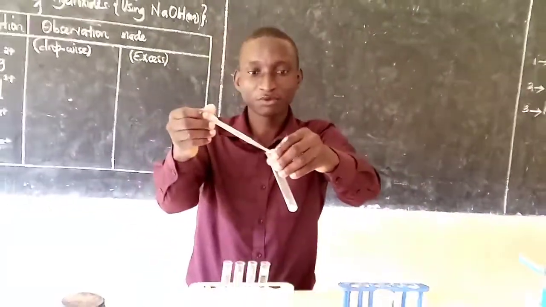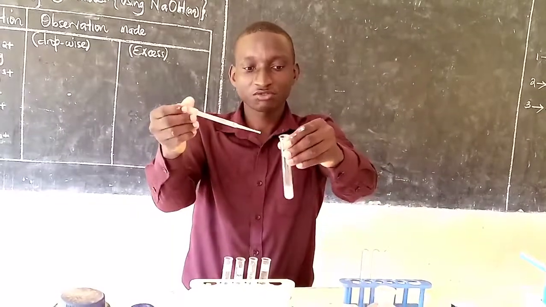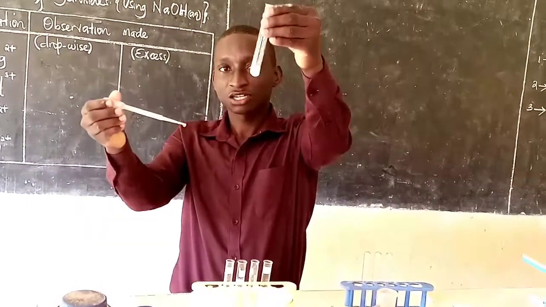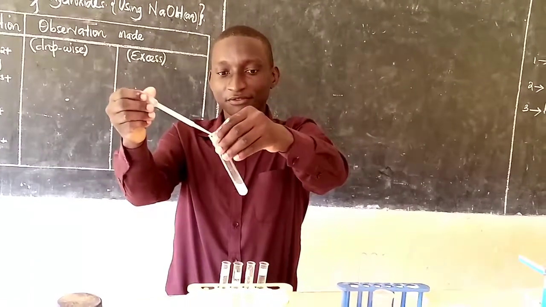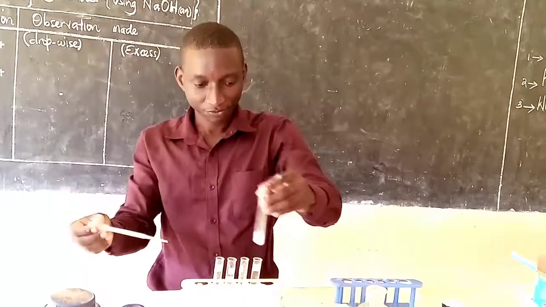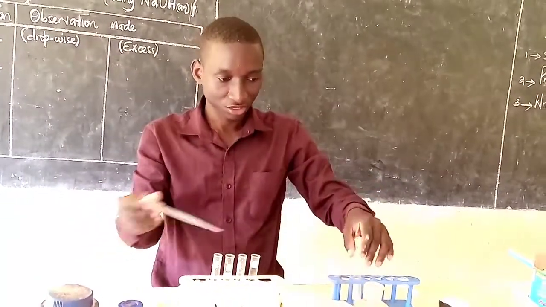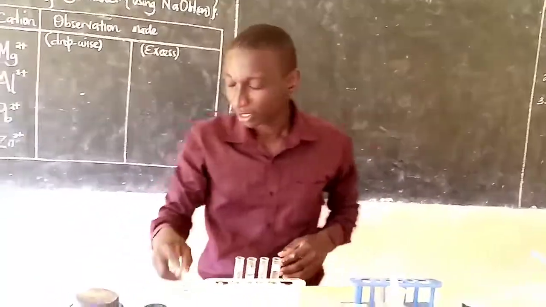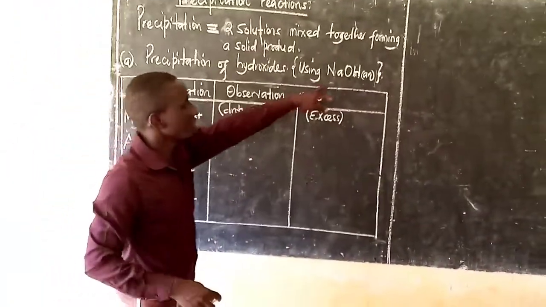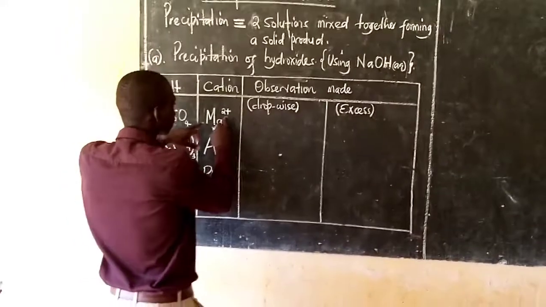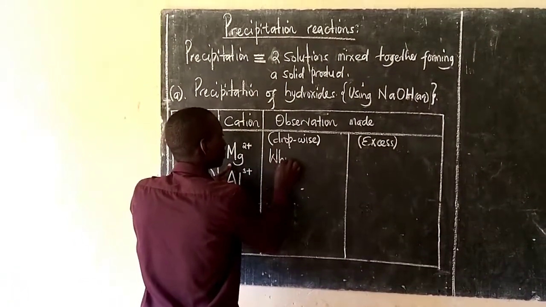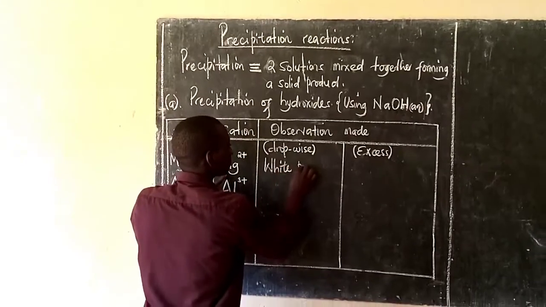What about if we bring excess and still try to shake? No change is taking place. So that is what we have. Still in excess, even though you try to shake, nothing changes. So we come to say that when we have magnesium sulfate combined with sodium hydroxide, that salt generates an observation we see as a white precipitate.